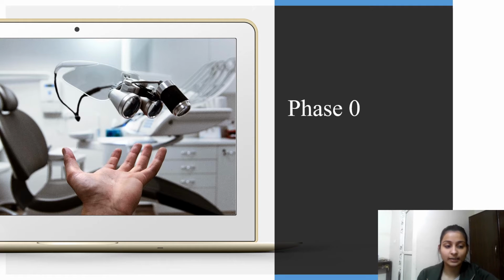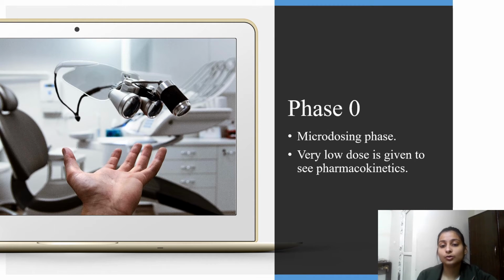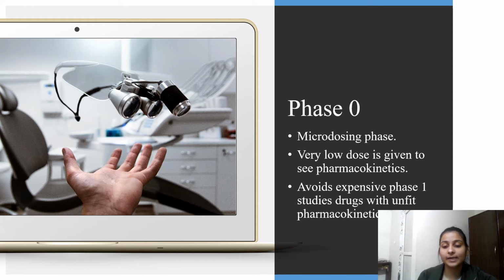Phase 0 clinical trial. Phase 0 clinical trials are very essential and crucial. In phase 0 clinical trials, a microdosing phase is there. A very low dose is given to see the pharmacokinetics of the drug. Pharmacokinetics is basically ADME: absorption, distribution, metabolism, and excretion of the drug.